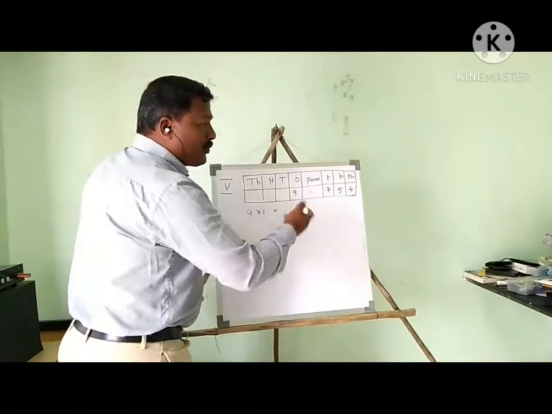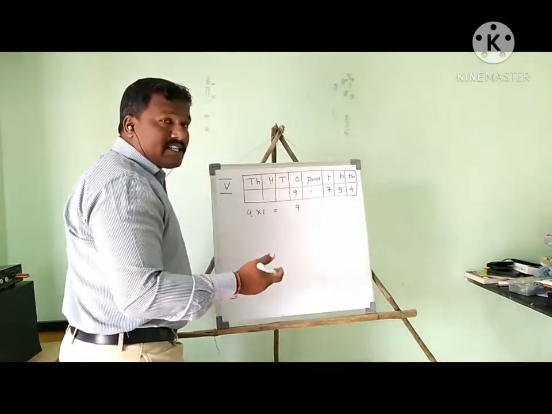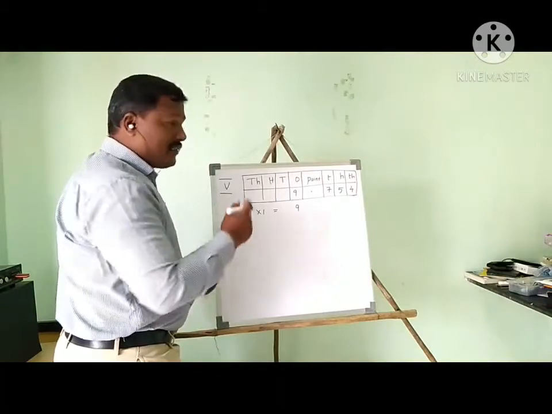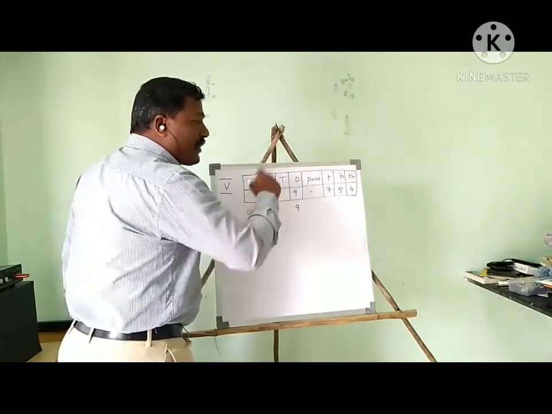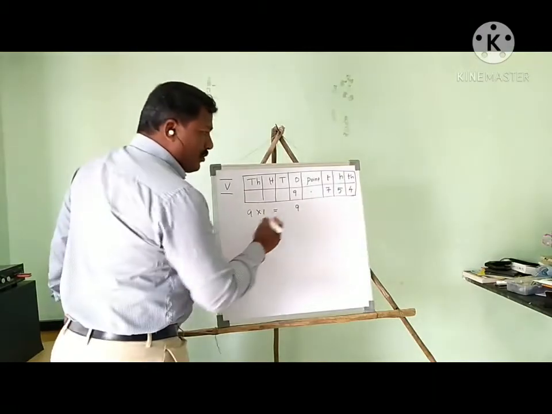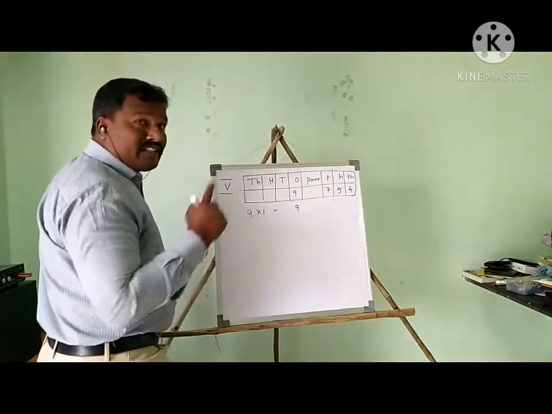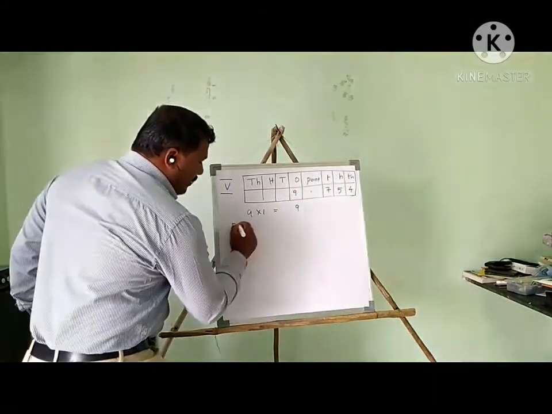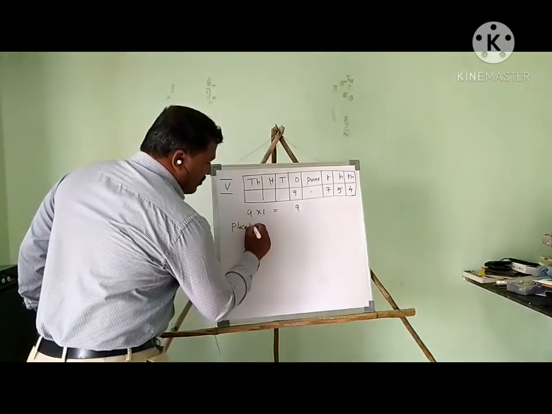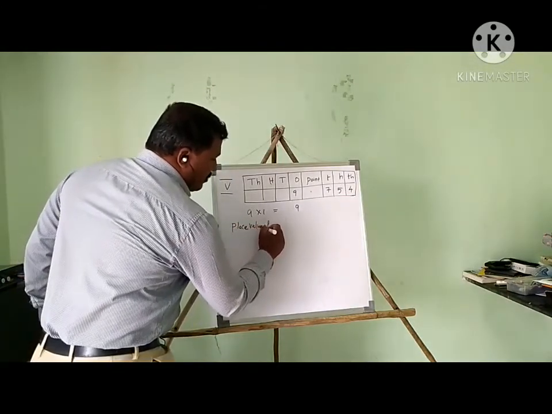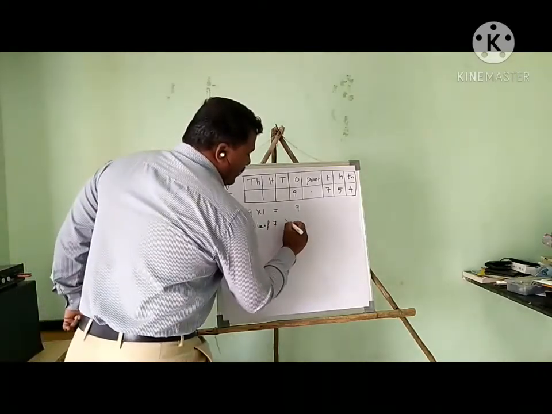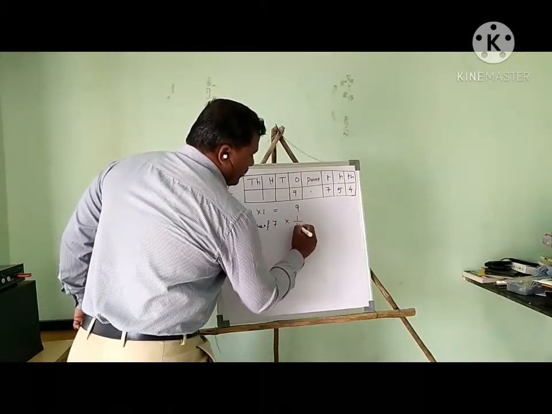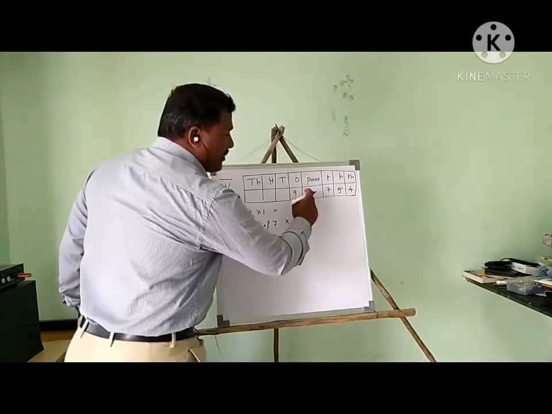If you take the right side of the number, we have to use division, because on this side it is multiplication. If you take that side, it is division. So the place value of 7, you know very well, is tenth. Okay, the place value of 7. So 7 into 1 by 10. So on this side is the decimal fraction.